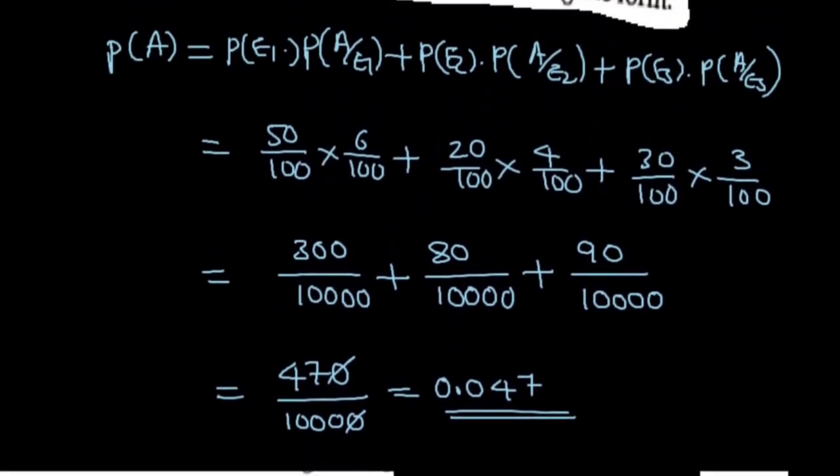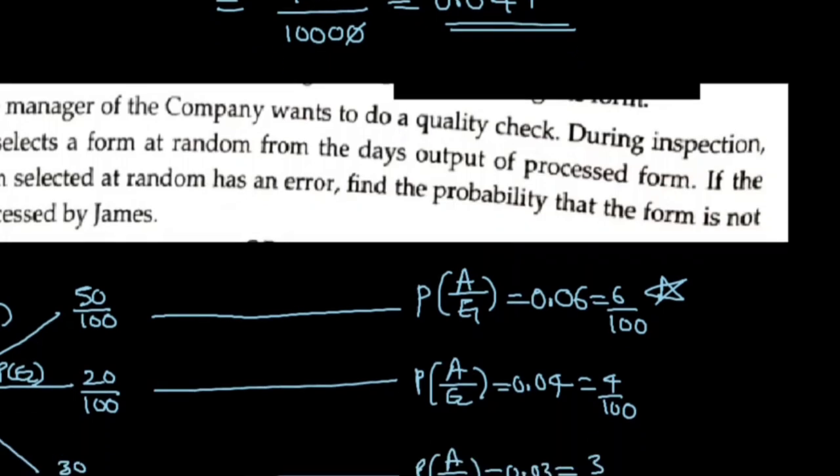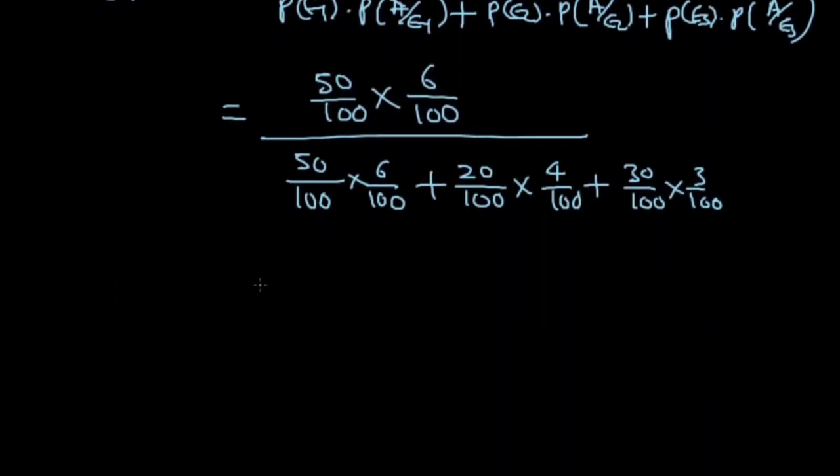The total probability we already did. What did we get? 470 divided by 10,000. So we write the denominator as 470 by 10,000, and the numerator is 5 6s are 30, so 300 divided by 10,000.